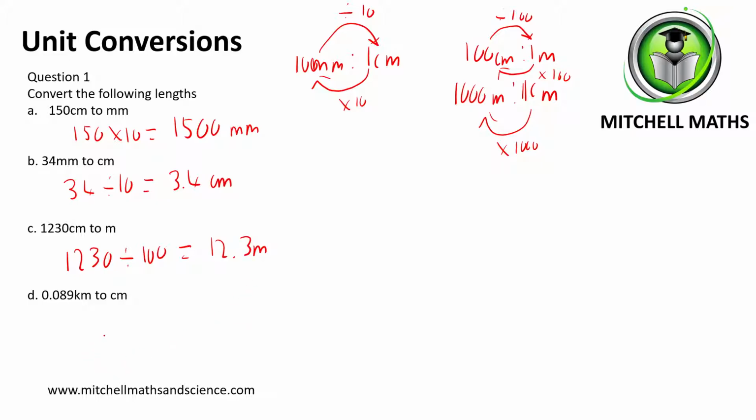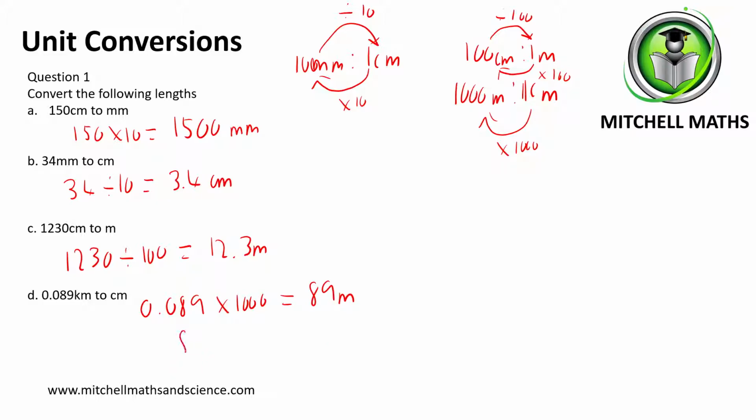And with the last one, it's a little bit more tricky, because you're going from kilometres to centimetres. You could do it in 1 step, or you could do it in 2 steps. You could say, actually, I'm going to go from kilometres to metres. So you're going from the bigger unit to the smaller unit, so you're going to times by 1,000. And that will give you 89 metres.